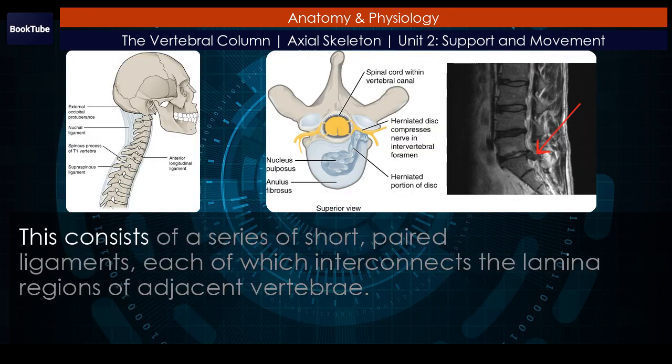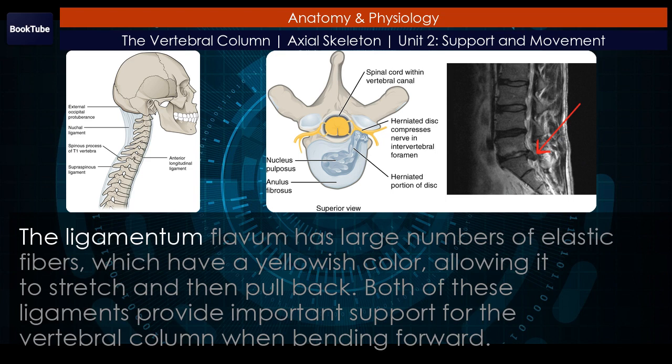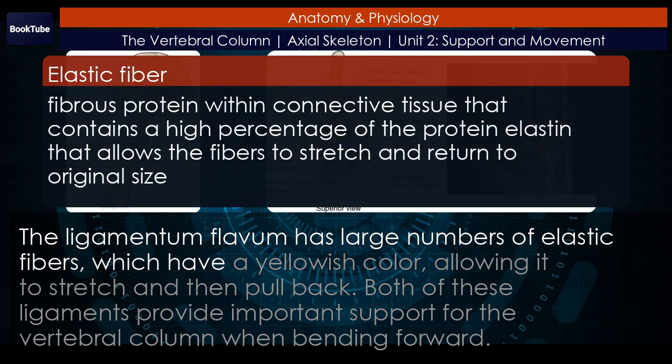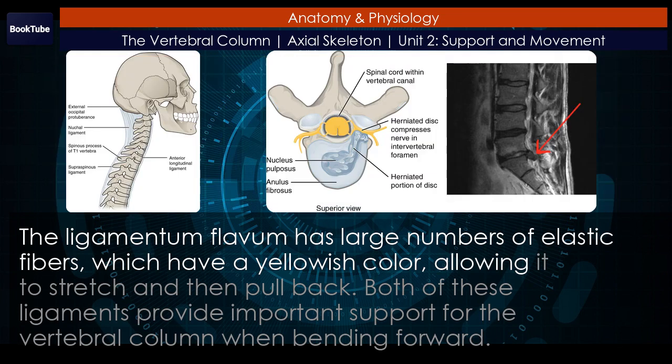This consists of a series of short, paired ligaments, each of which interconnects the lamina regions of adjacent vertebrae. The ligamentum flavum has large numbers of elastic fibers, which have a yellowish color, allowing it to stretch and then pull back. Both of these ligaments provide important support for the vertebral column when bending forward.